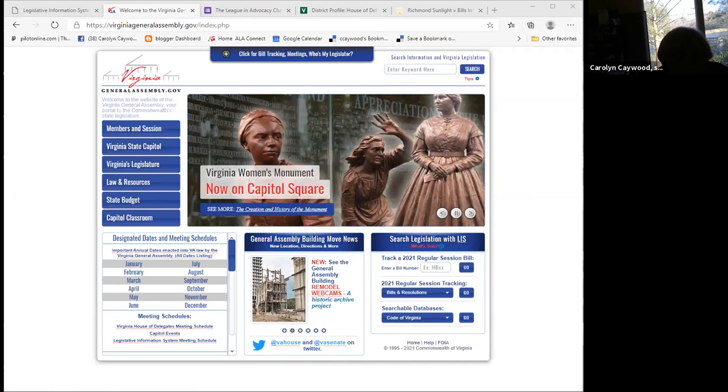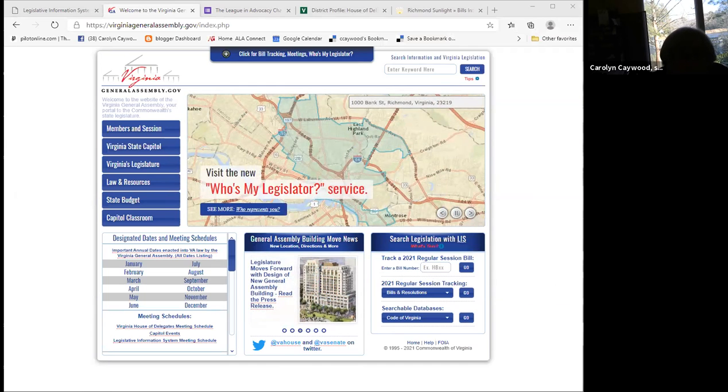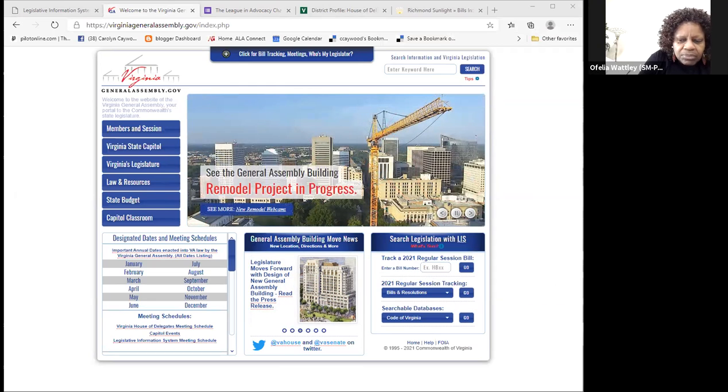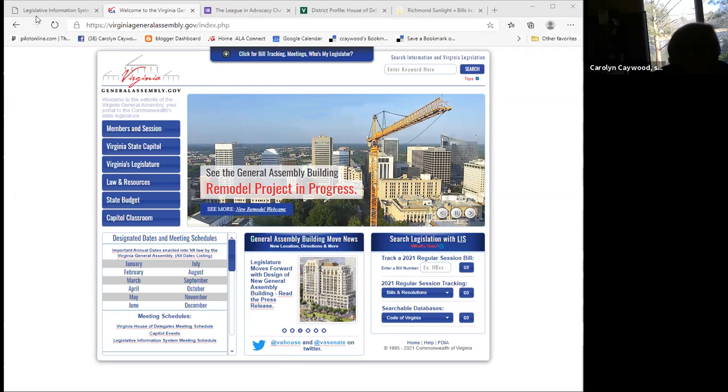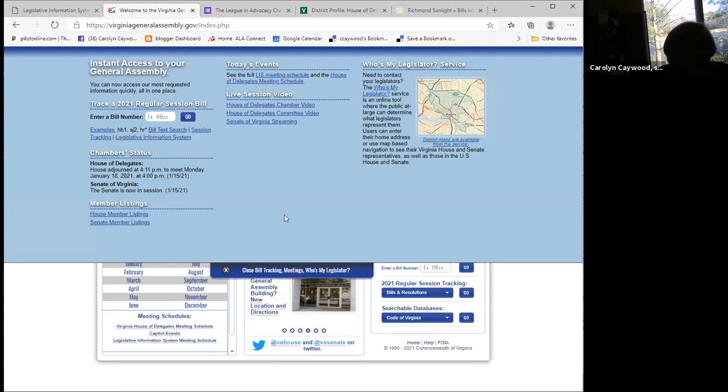I've always been an advocate of using a children's book to get into a topic. Okay, I think that's what I wanted to show you on the General Assembly. And then this is the quick pull down.